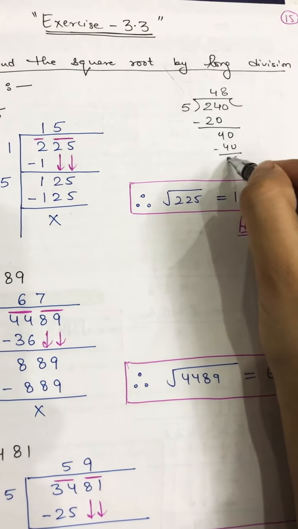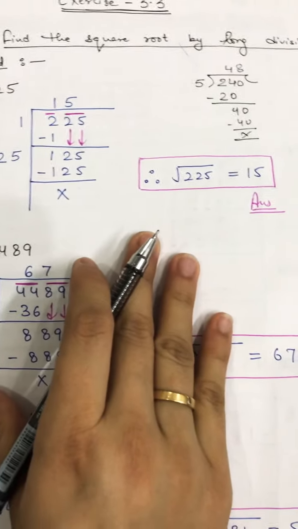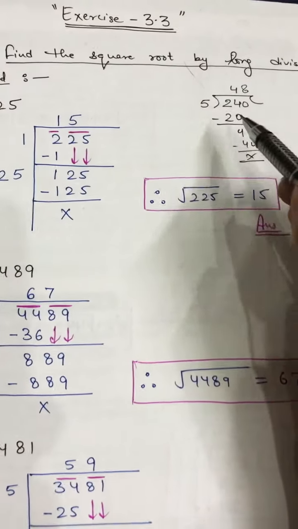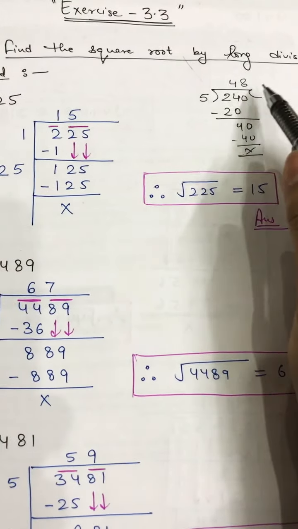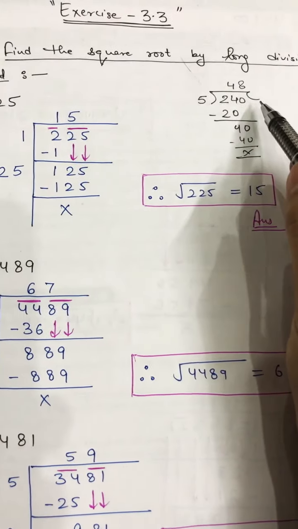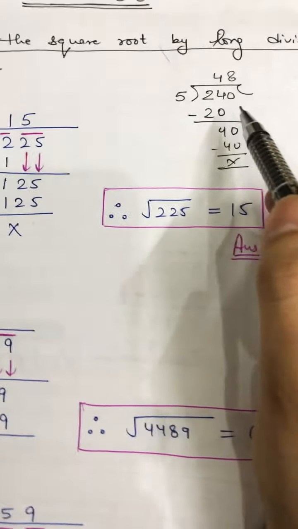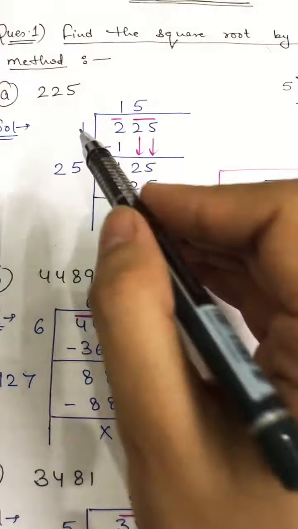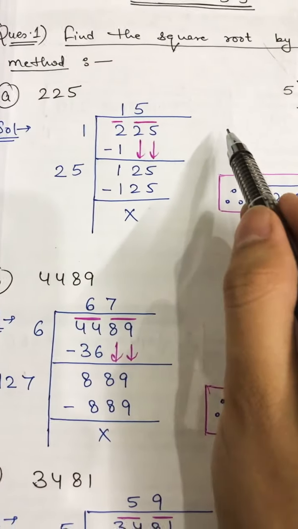In this way, this is your division method. You do your division with this symbol. So this is the way to do the long division method.